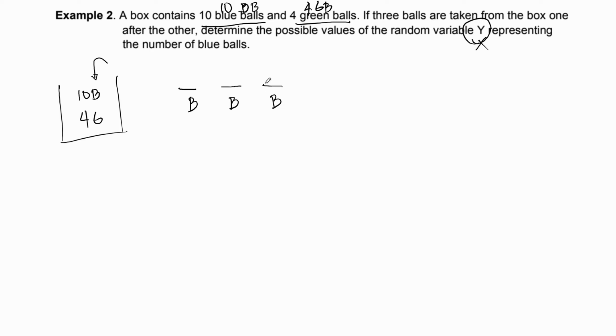Hindi naman kasi sinabi na dapat alternate ang makuha, di ba? At wala kang kasiguraduhan na magiging BGB yan or BGG, no? So, maraming possible outcomes, di ba? Pero kung isa-isahin natin lahat yan, meron tayong BBB. Pero yung BGG, no?